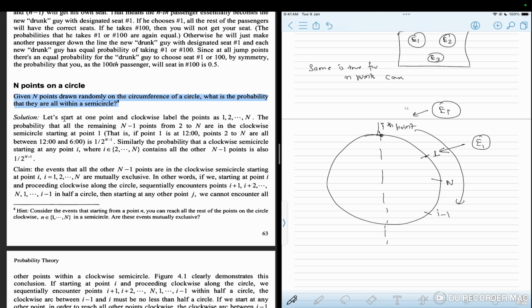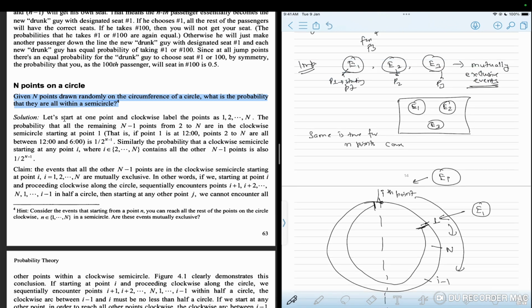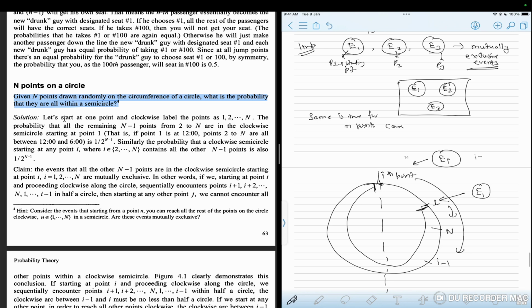So from 1, if I go in the clockwise direction and try to cover all the points till the ith point, then this is no longer a semicircle. Thus, this proves that all the n events E1 to En are going to be mutually exclusive.